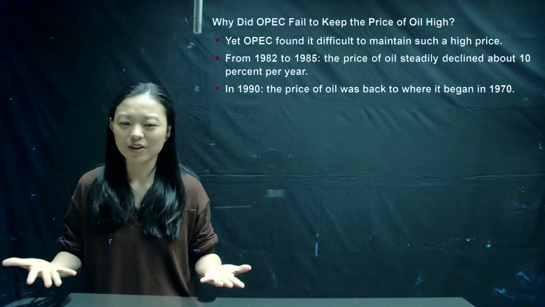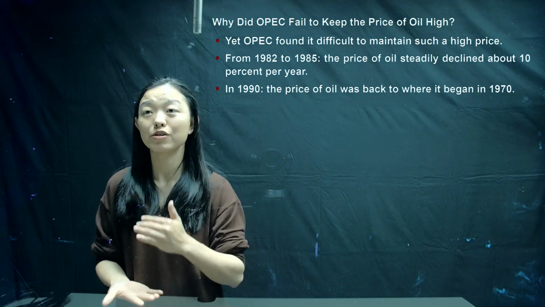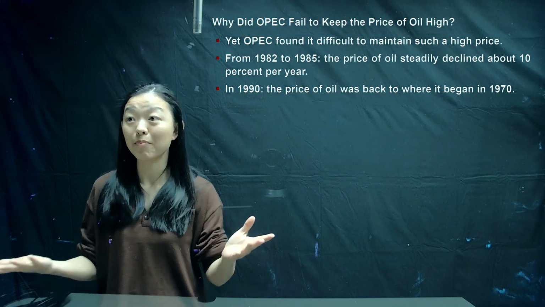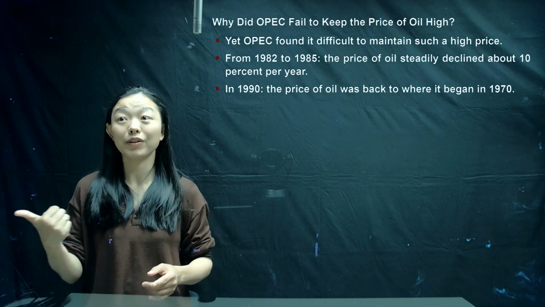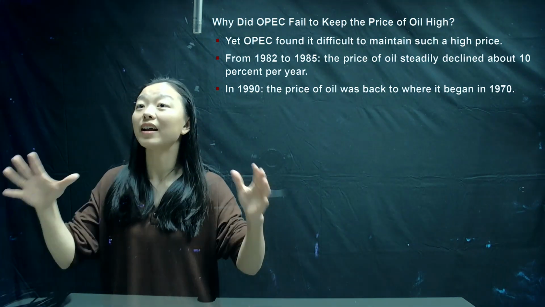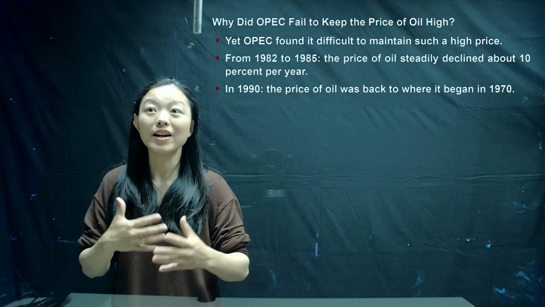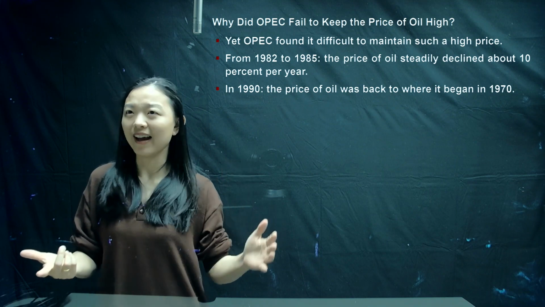So the question here is, at the beginning, those five countries joined together to cut down the oil supply, right? They tried to increase the oil price, and it succeeded at the beginning because from 1973 to 1974, oil price increased by 50%. Then they did it again, so the oil price doubled from 1978 to 1979.